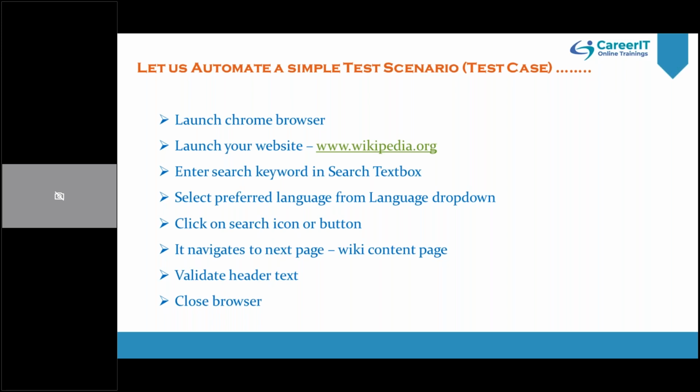I'm just trying to take one simple scenario, and I'm going to show how exactly Selenium works by running an automation script. I'm going to launch my Chrome browser and launch a website like wikipedia.org, which is a basic site where I can search a keyword. Let me show you quickly.